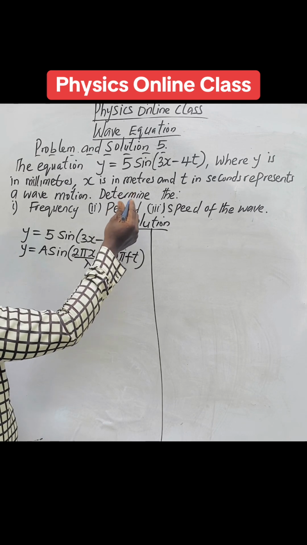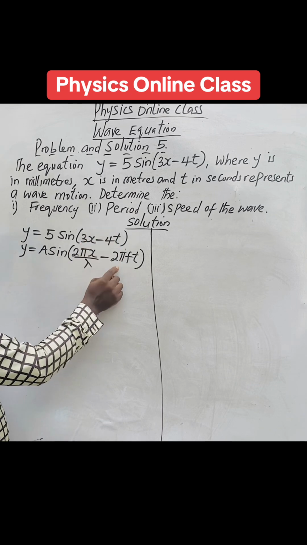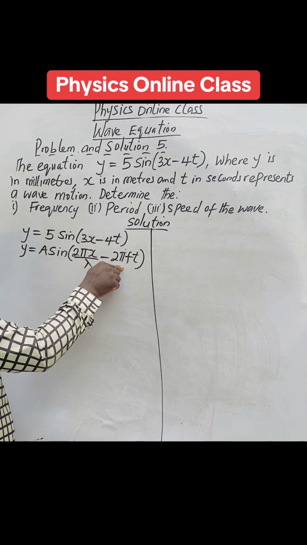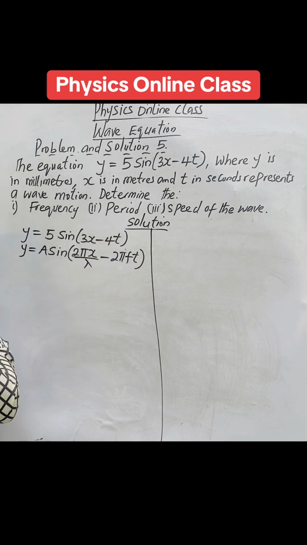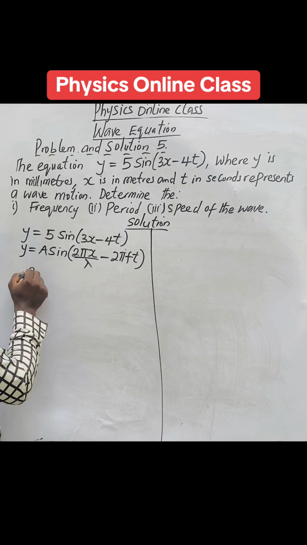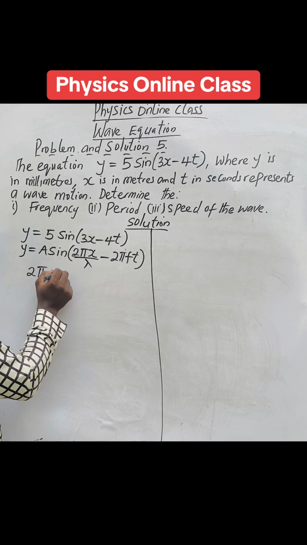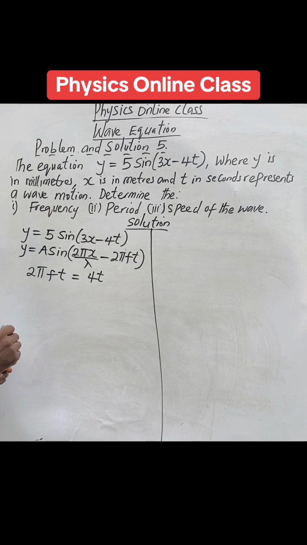The first one, they say we should find the frequency. So from the equation, the frequency is found in 2 pi ft. And this is 4t. So what you do quickly is to compare these two. 2 pi ft is equal to 4t, as represented by this equation.